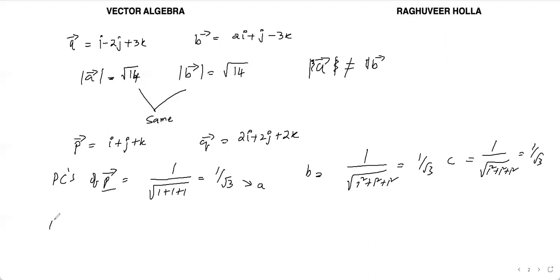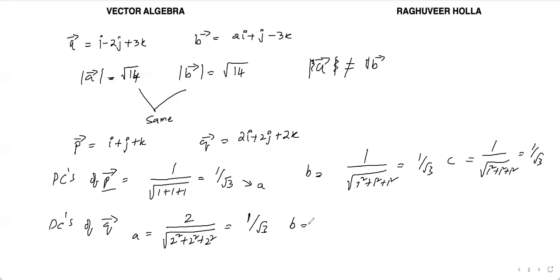Let us find the direction cosines of Q, where a is equal to 2 by square root of 2 square plus 2 square plus 2 square, which results in 1 by root 3.